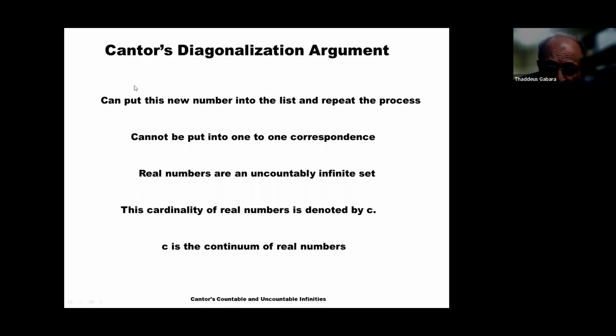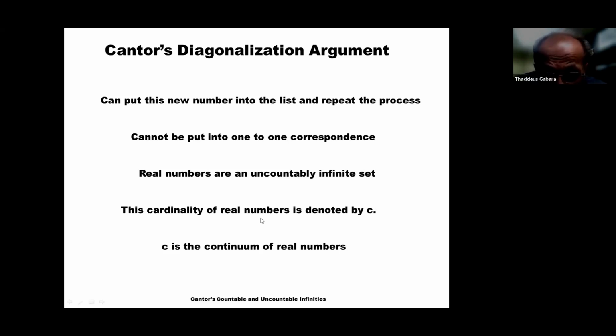And we can take this new number, put it at the end of the list. We can repeat the process. We'll find another new number. We cannot put the real numbers in a one-to-one correspondence with the natural numbers. The real numbers are uncountably infinite. They're beyond alpha null.